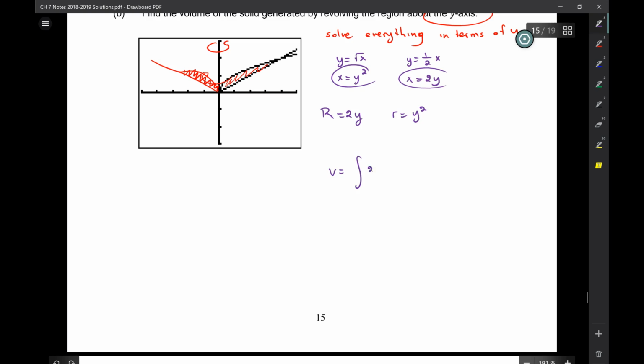So big R, 2y squared minus little r squared dy, yes, pi here, thank you. And now we're going to go from 0 to 2, right? From 0 to y equals 2. Because remember, this was x is 4, y is 2. I got to go to the y value now.